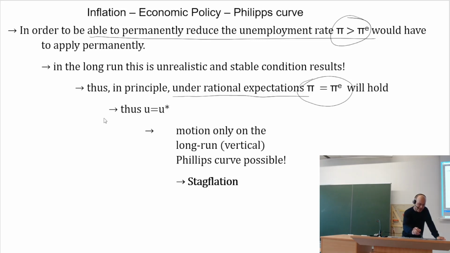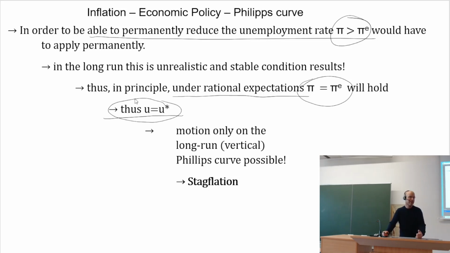And this will mean that we come again to an economy which is more or less supply driven from the circumstances, that in general we are always around the natural rate of inflation.